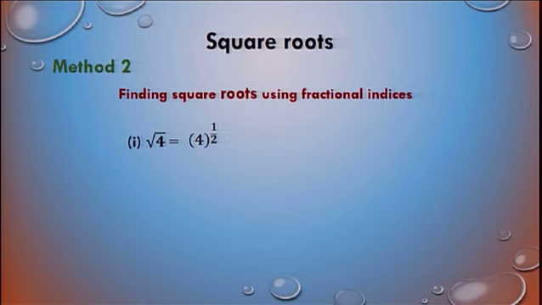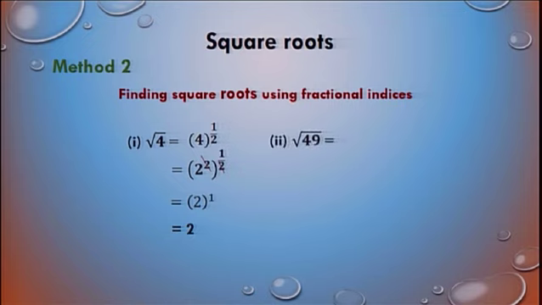We are going to call this method 2 because here we are finding square roots using fractional indices. The number 4 can be written as 2 power 2. Using power law of indices, we are going to evaluate 2 power 2 power half. The 2 will get cancelled. We will end up with 2 power 1, which is equal to 2.